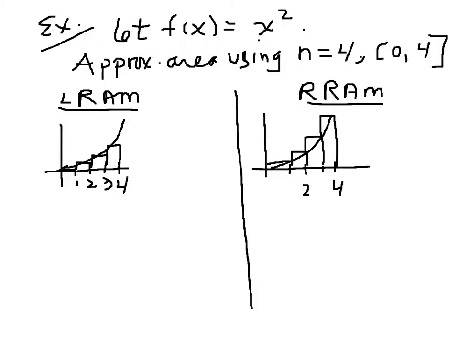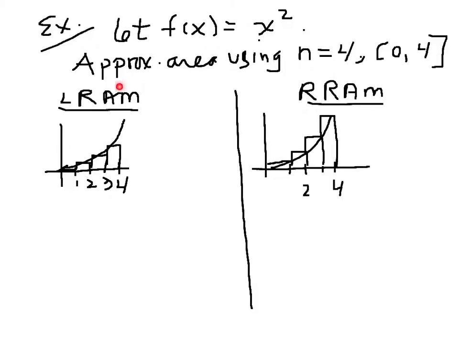Okay, so hopefully this example will help drive these ideas home. So this is about as simple as we can make it. Let's consider a function f of x equals x squared. We want to approximate the area under that curve from 0 to 4 using 4 rectangles.